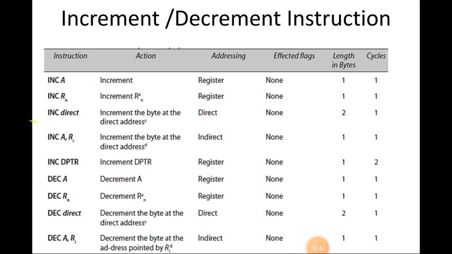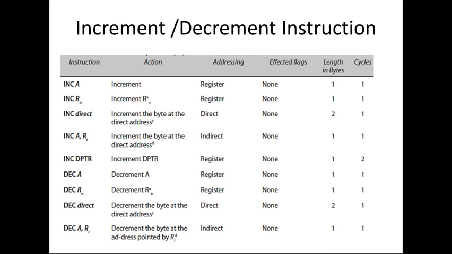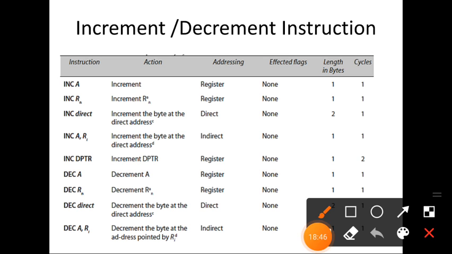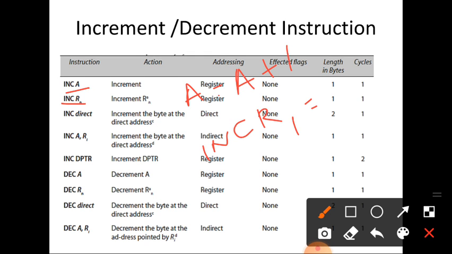Next operation, increment and decrement operations. Increment means the data content is incremented by 1. So INC A means the A value is incremented by 1. Here increment register: INC R1 indicates R1 content will be incremented by 1 and the result will be stored in R1.